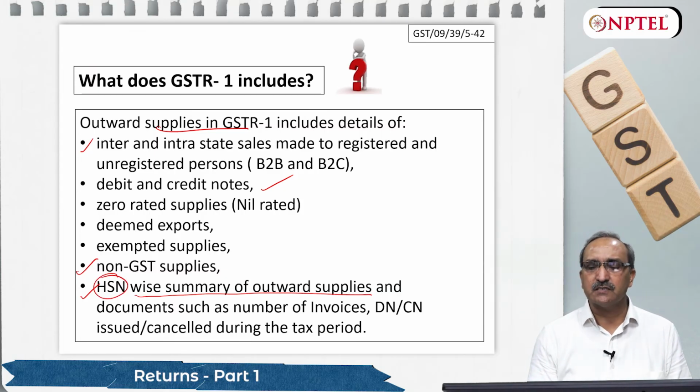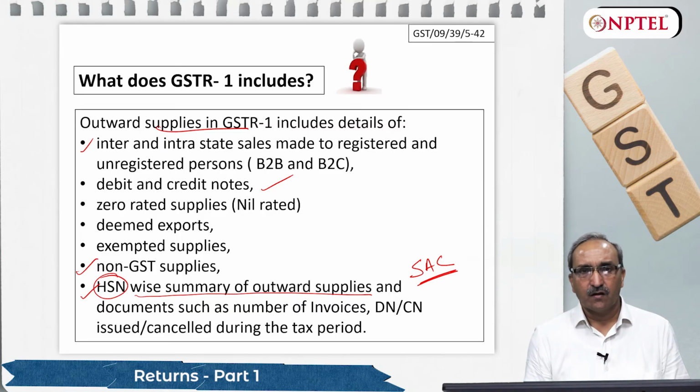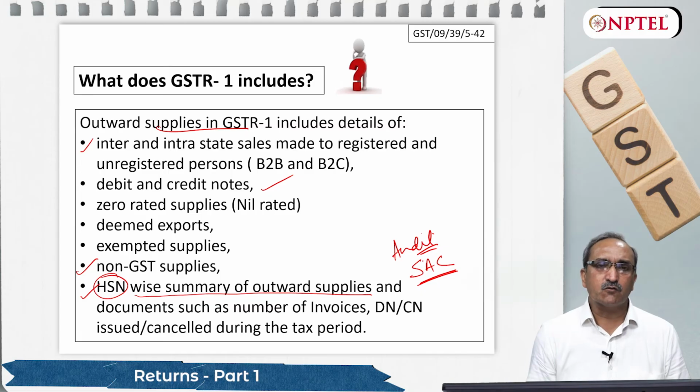And in case of services, the SAC code, Service Accounting Code, is given. In India, telephone services may be known as telephone services, but in South Africa, they may be called by different names. In India, an auditor may be a financial auditor or cost auditor, but in South Africa, it may be known by some other name.